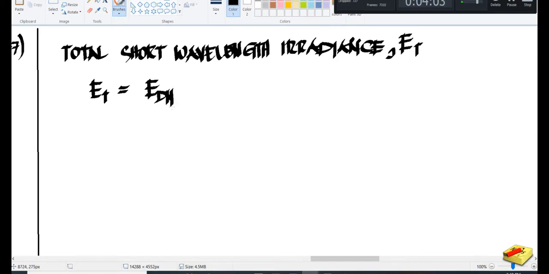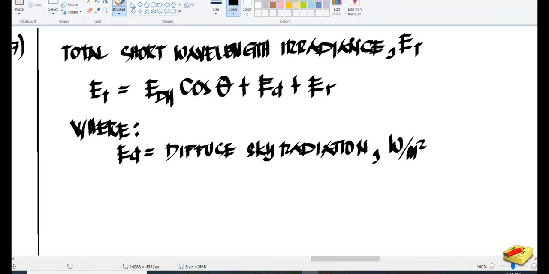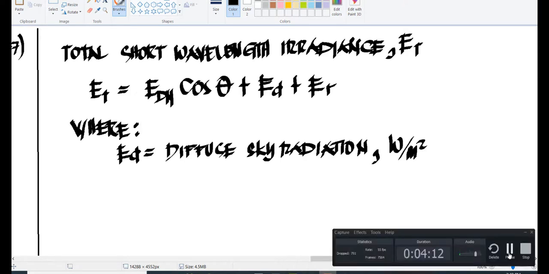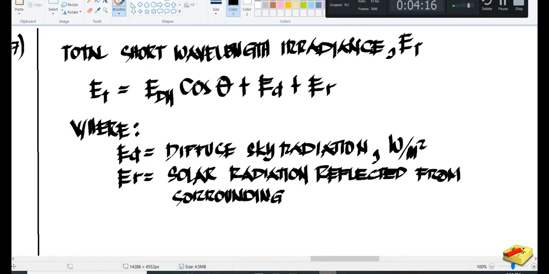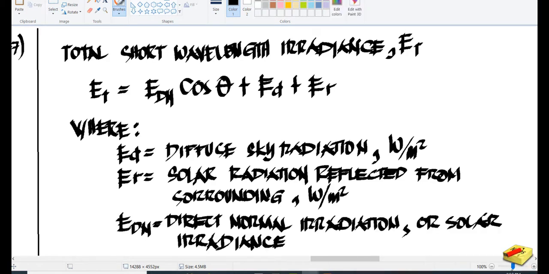We'll put the definition later. Then we have ED, which is defined as the diffuse sky radiation. And we have ER, defined as the solar radiation reflected from the surroundings. Then we have EDN, defined as the direct normal irradiation or the solar irradiance.